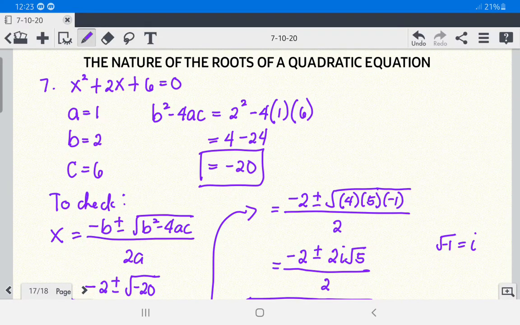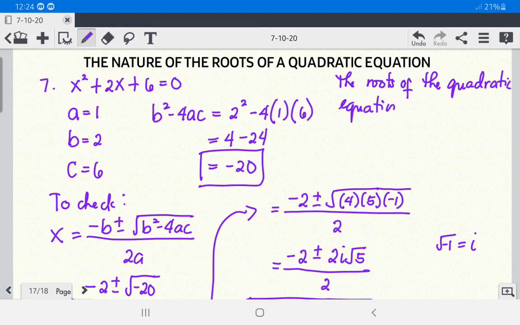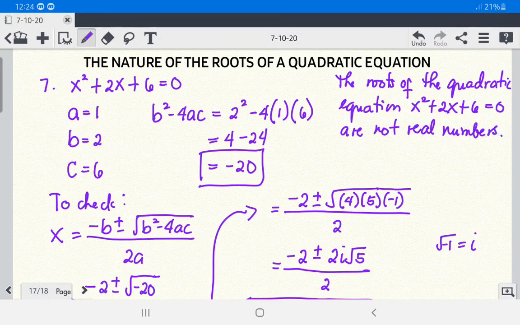Here, since the discriminant is negative 20, which is less than 0, we can say that the roots of the quadratic equation x squared plus 2x plus 6 equals 0 are not real numbers. Or simply you can say that it has no real solutions.